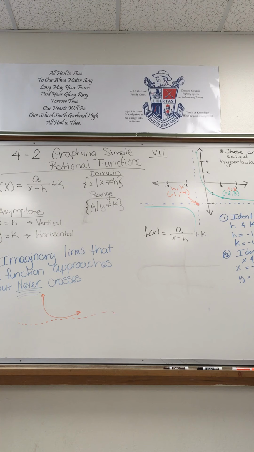Step 3, you will plug in your knowns into your function. So step 3, plug knowns or plug values into function. And remember, for this one, f of x is y.